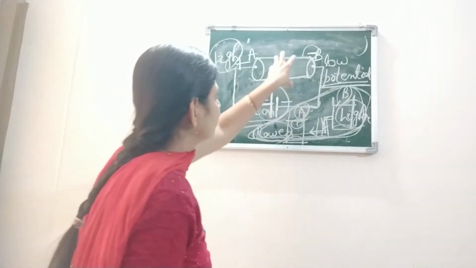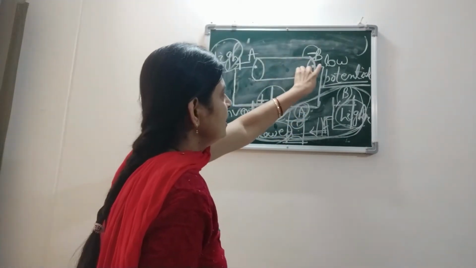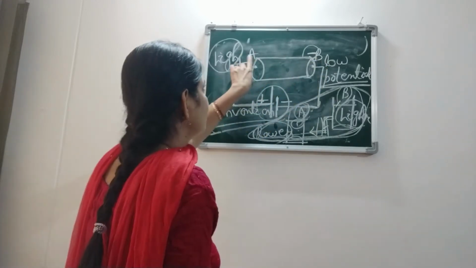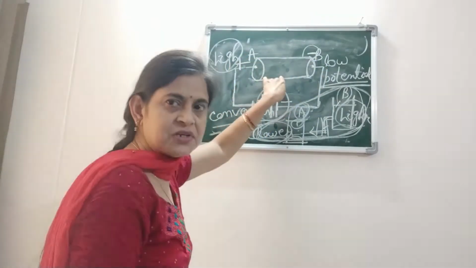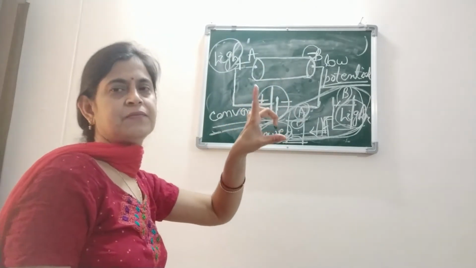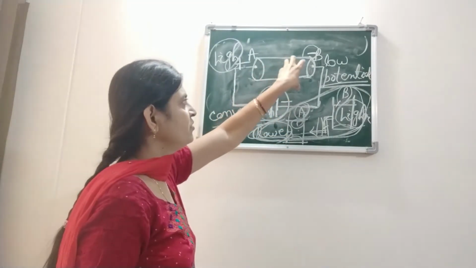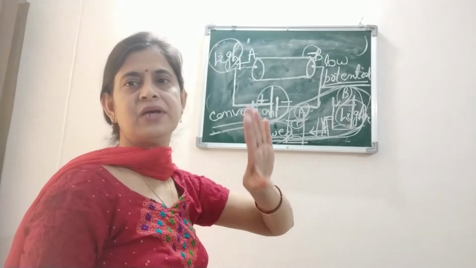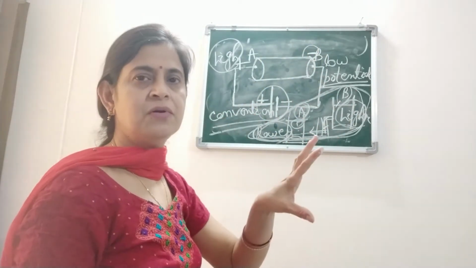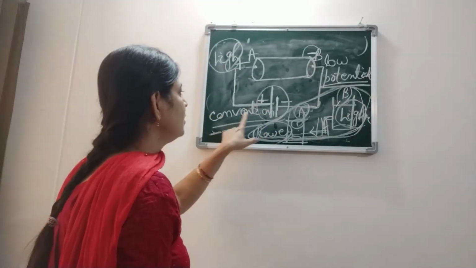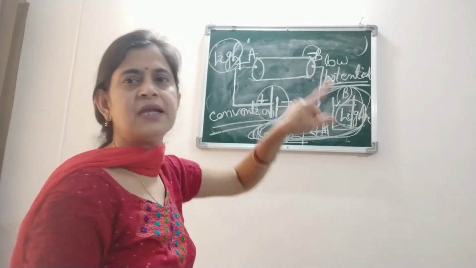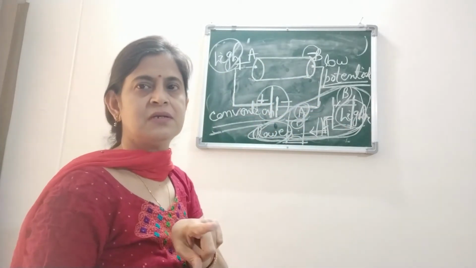But according to this diagram, the free electrons will flow from B to A. That means from lower potential to higher potential. Remember one thing. At the discovery of the phenomenon of electricity, electrons were unknown. So, by convention, we will consider the direction of electricity as the direction of the positive charges.